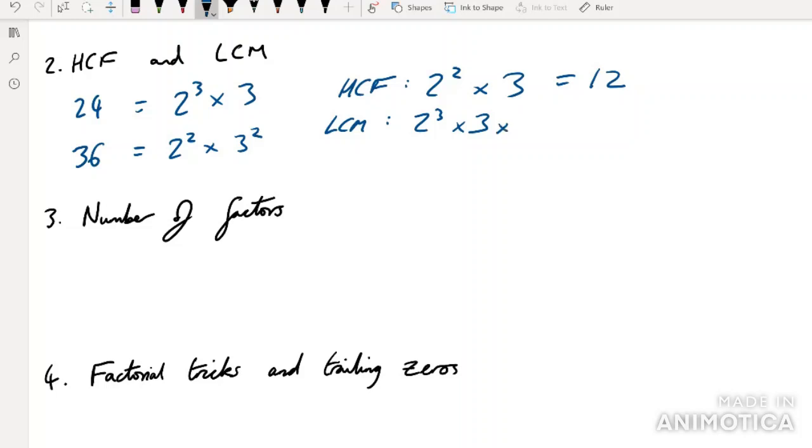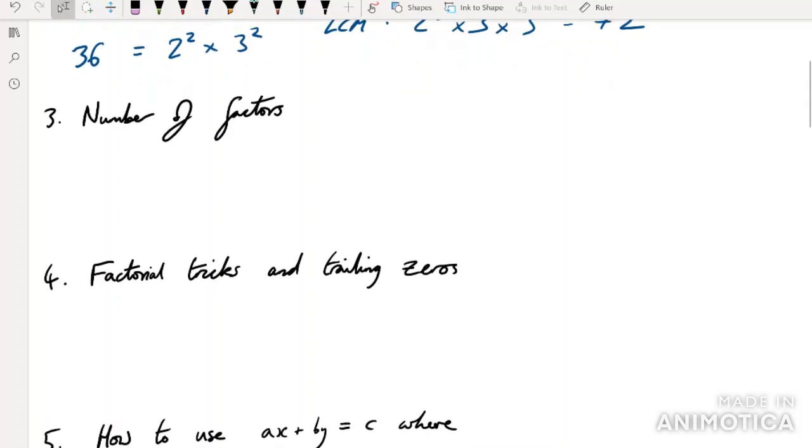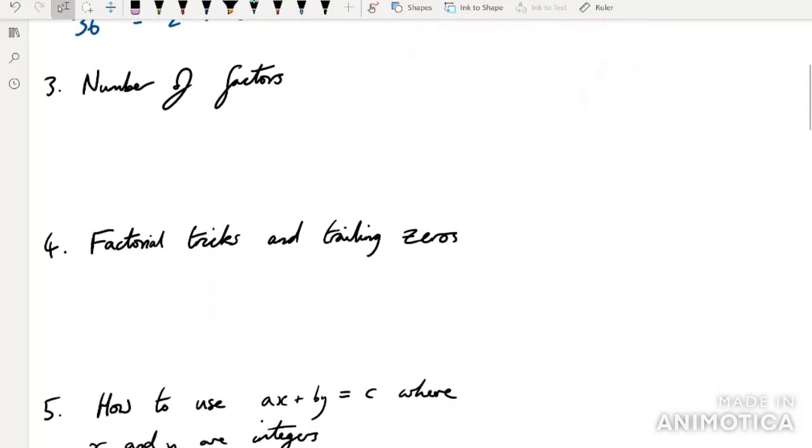So we can do times 3 again, which will give us 8 times 9, which is 72. Obviously this is not an in-depth explanation on HCF and LCM, just make sure you're familiar with what they are. It's very easy to find out how to do it if it's not something you're familiar with. These guides aren't intended to go into detail on these simple areas. It's more to point you towards what you need to know, because it's very easy to find those things elsewhere and I don't want to waste everyone's time.